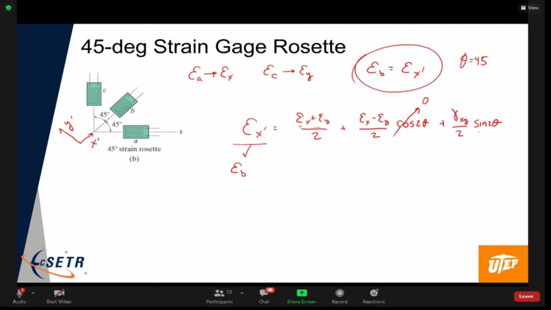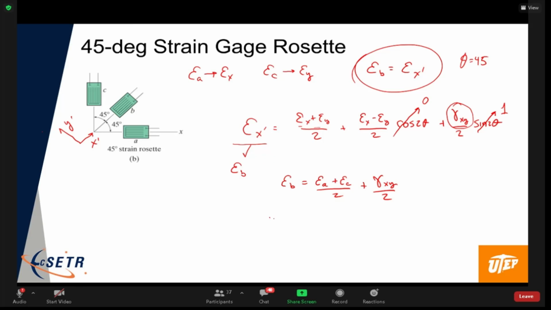Sine of 90 is 1. And I don't know gamma, but that is what I want. So now I have epsilon B equals epsilon A plus epsilon C over 2 plus gamma x y over 2.